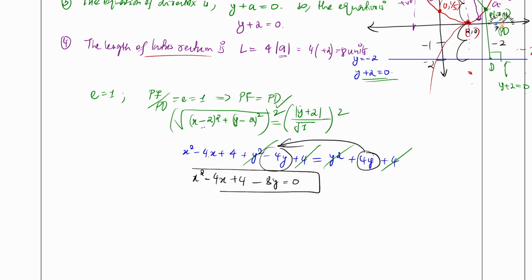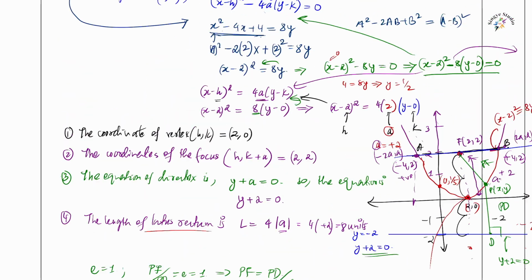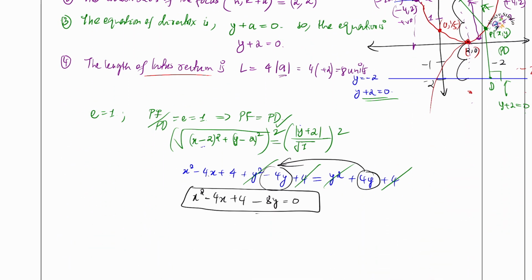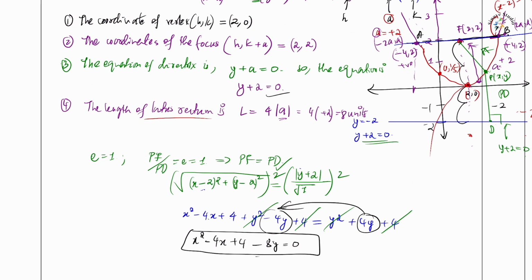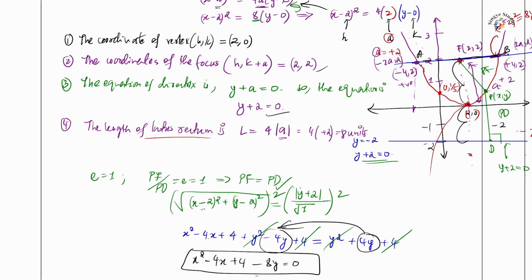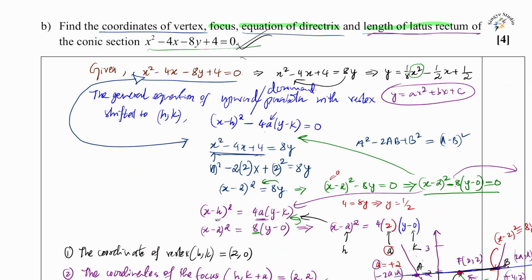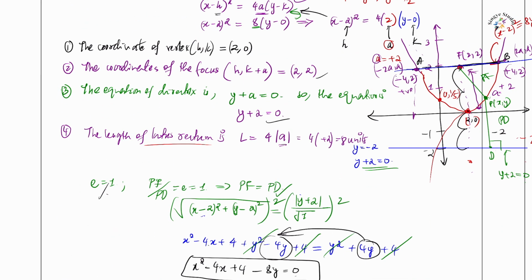If you look carefully, this equation and the original equation are completely the same, which means your directrix equation and focus coordinates are correct, because you got the original equation using the fundamental definition of the parabola in terms of eccentricity. So all your answers are correct.